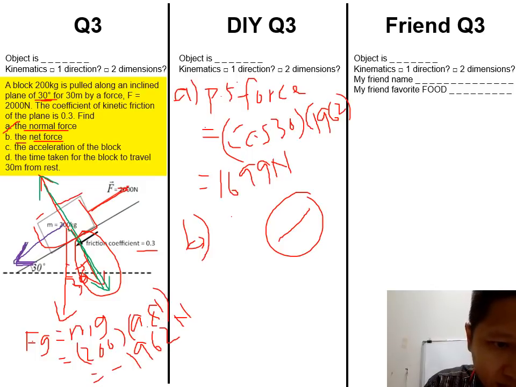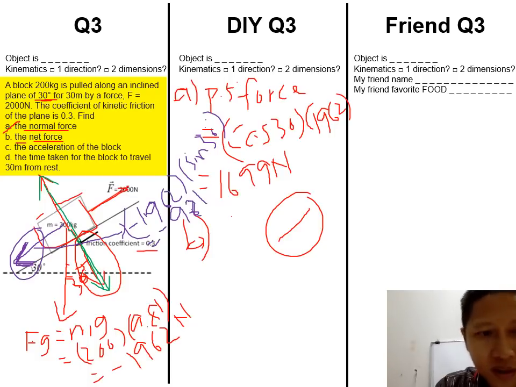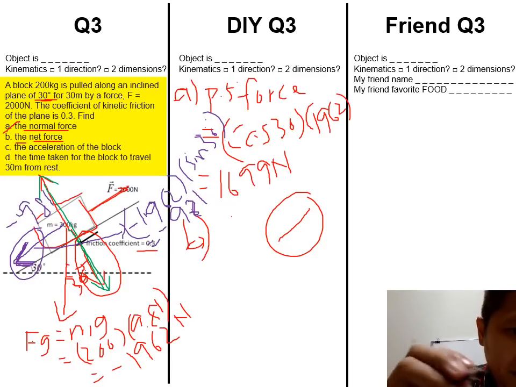To find this one, we'll use 1962 times sine 30. You get negative 981. So we have negative 981 there.